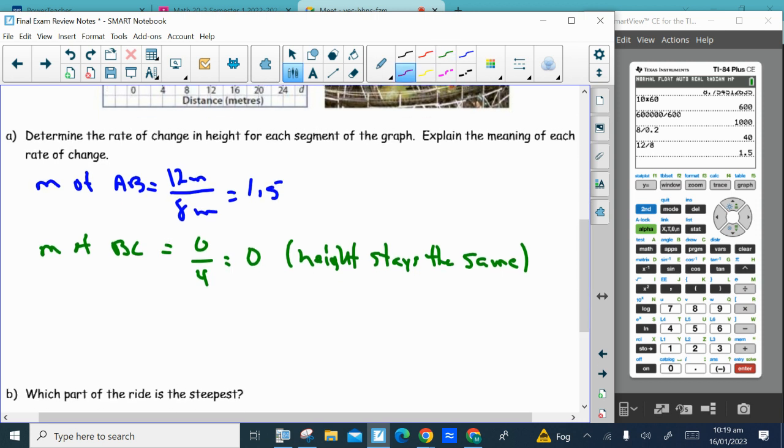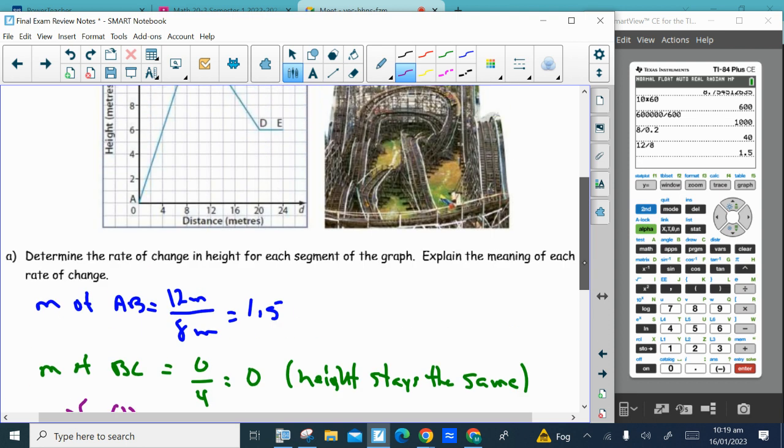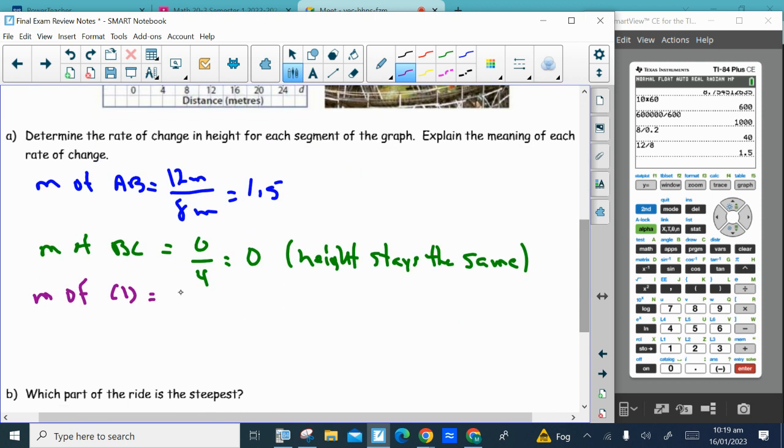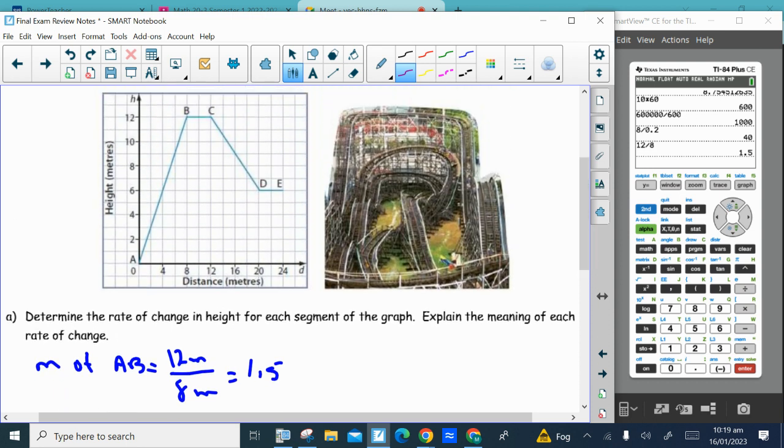So the next section would be CD. So this part is a negative slope. It goes from 12 down to 6. So that's a rise of negative 6. From 12 down to 6, it's going to go down negative 6 units or meters. And the run goes from 12 meters to 20 meters. So that's a run of 8 units.